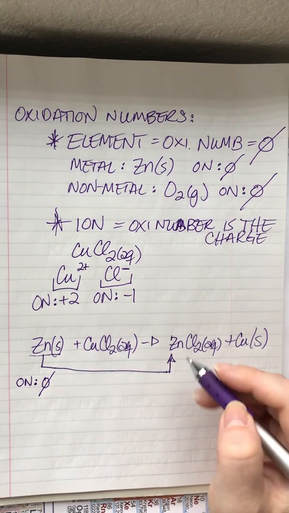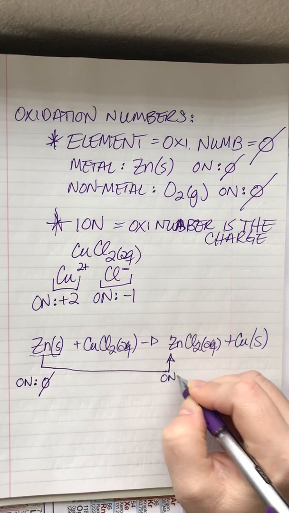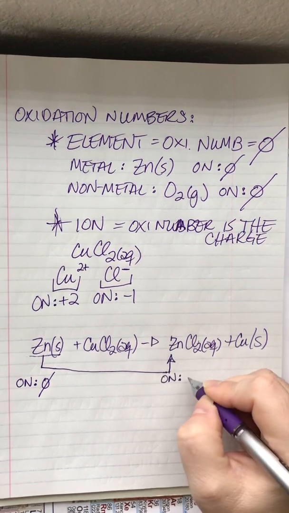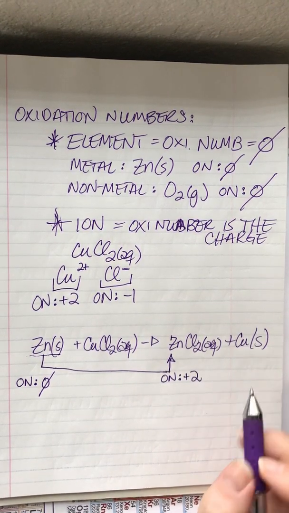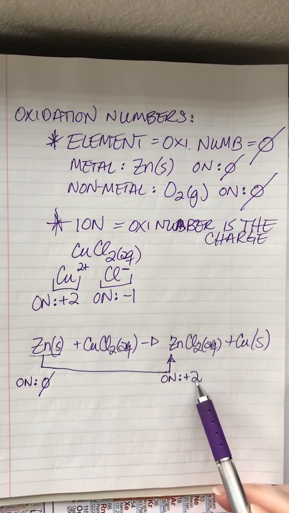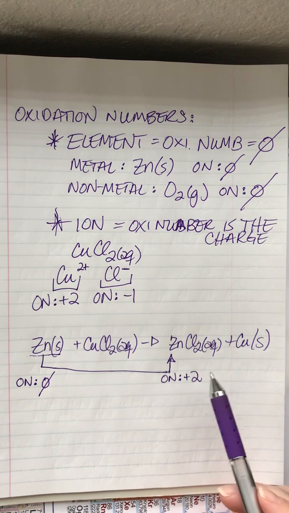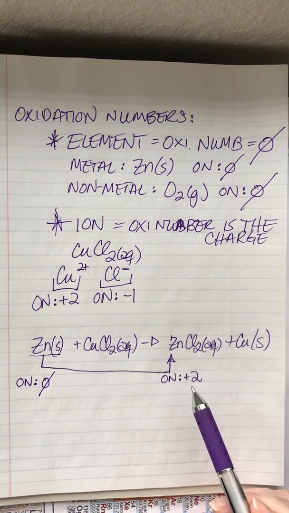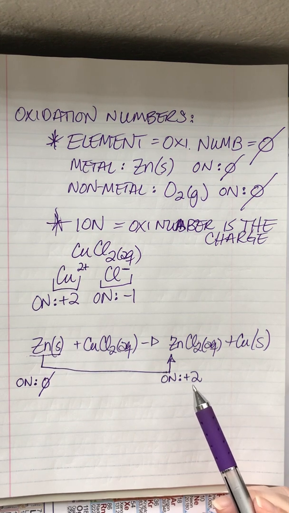Exactly. Going from 0 to +2, what had to happen in terms of electrons? It lost 2 electrons. Does everybody see that?